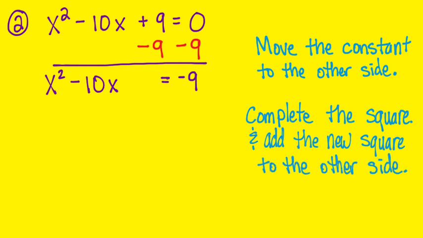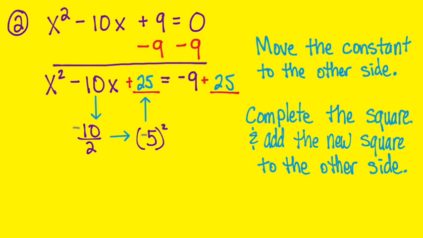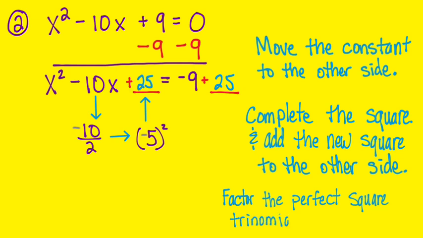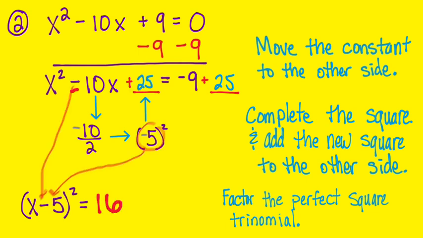So negative 10 in half is negative 5. So I need to add negative 5 squared, which is 25, to both sides. And then I can factor the perfect trinomial, because I created it. I know it's x minus 5 squared equals 16, because 25 minus 9 is 16.